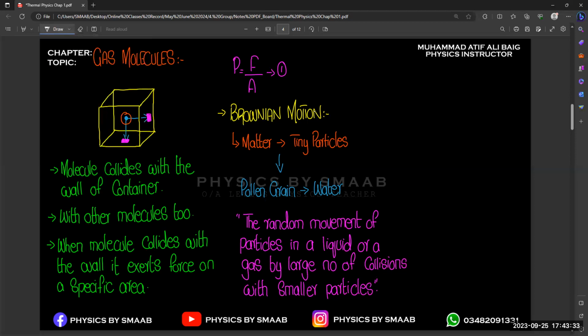If we consider any specific container and consider the movement, it will be random in any direction. So this shows you that particles are moving in any random direction, right?